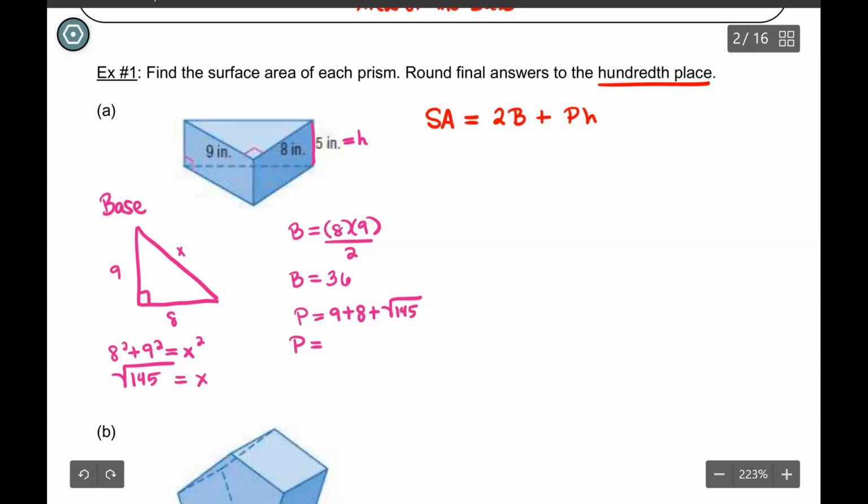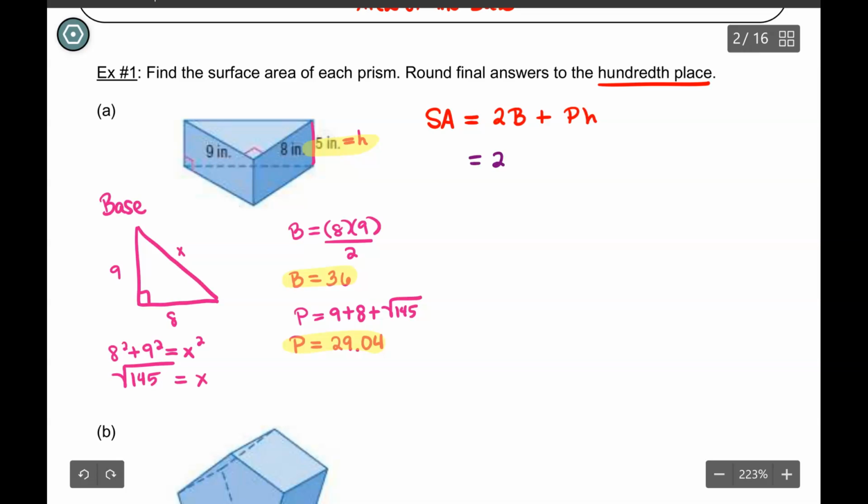Let's go ahead and plug that in, and we get 29.04. So now that we have the area of the base, the perimeter, and the height, we can substitute everything back in.